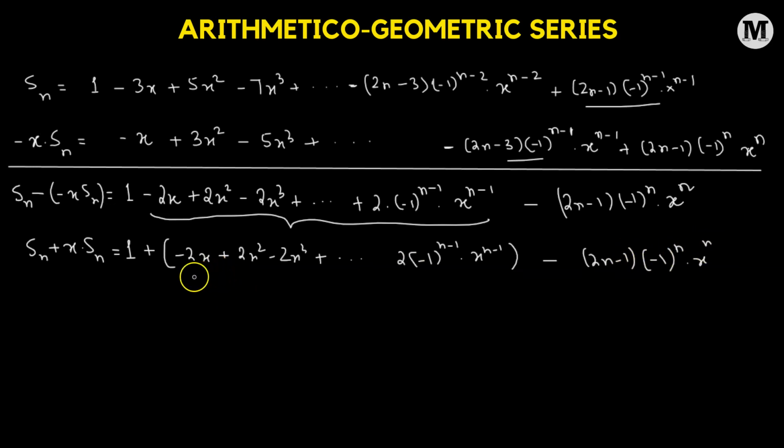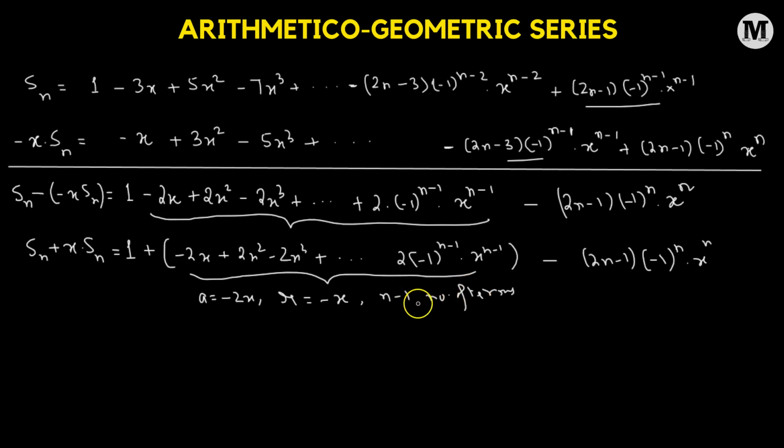The reason we selected these particular terms is that this is going to be a geometric series where the first term a is negative 2x, the common ratio r is negative x, and we have n minus 1 terms.